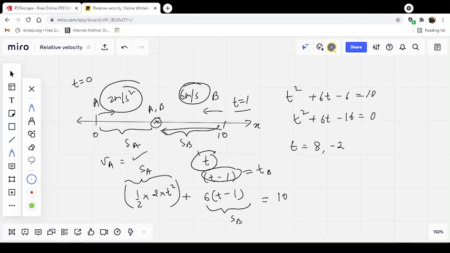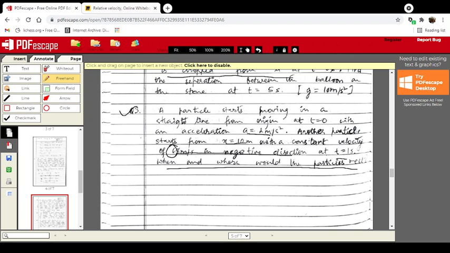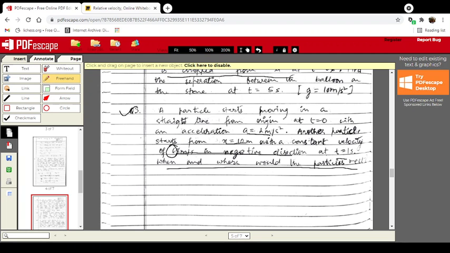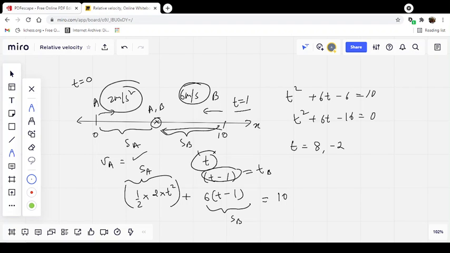So they have to travel a distance of 10 meters, right? In this particular time they would travel a lot.